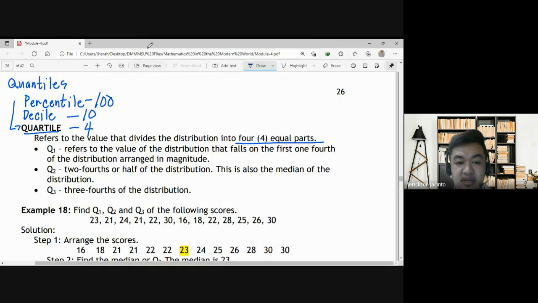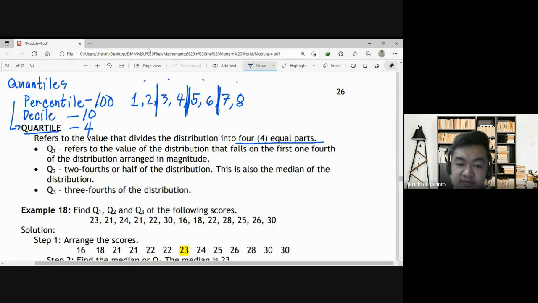So, let's say meron tayong 1, 2, 3, 4, 5, 6, 7, 8. Let's say i-divide daw natin siya into 4 equal parts. 1, 2, 3, 4.